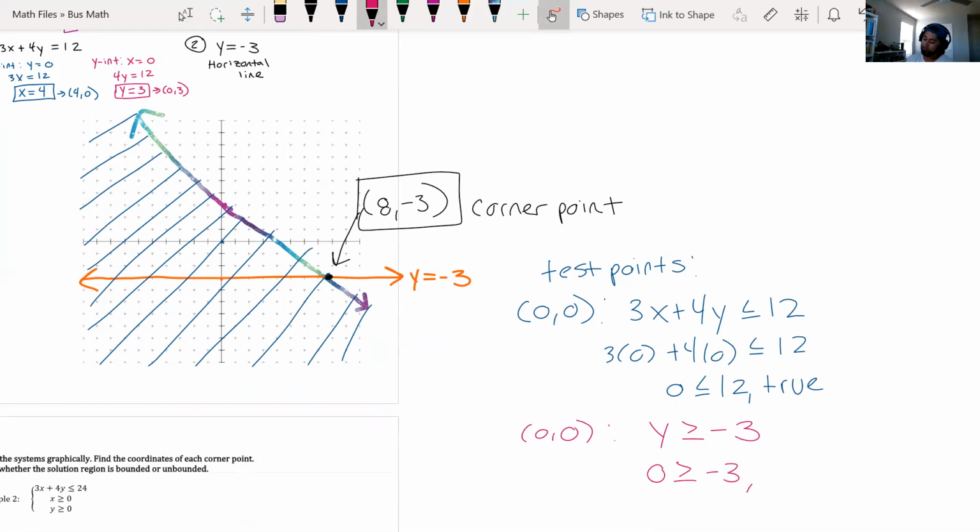Is that a true statement? Sure. Is 0 bigger than -3? Yeah, it is. So since our test point of (0, 0) is true on both of them, for the orange line we are going to shade up, directly up.